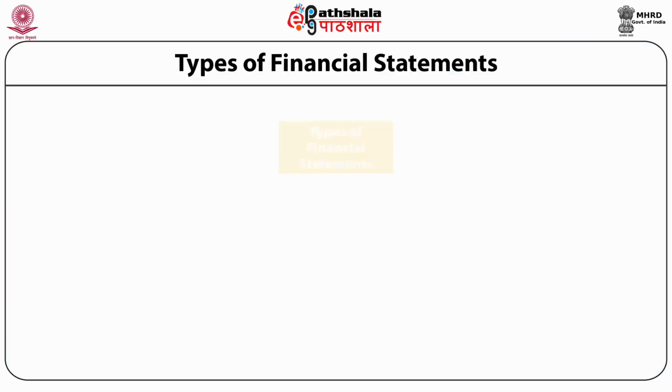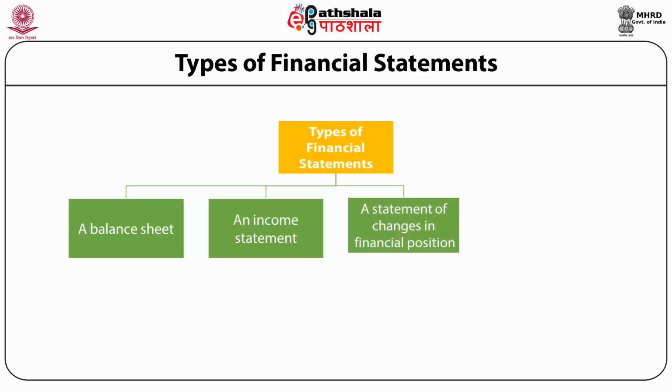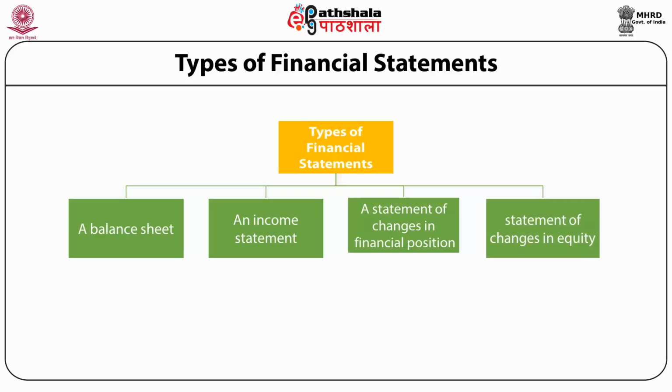There are different types of financial statements, and they mainly include a balance sheet, an income statement, a statement of changes in financial position, and a statement of changes in equity if applicable.